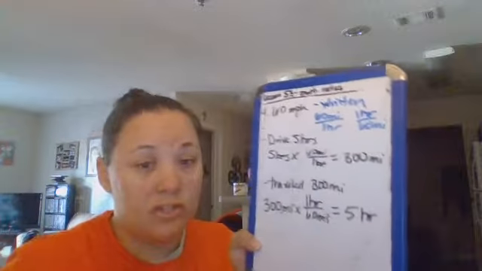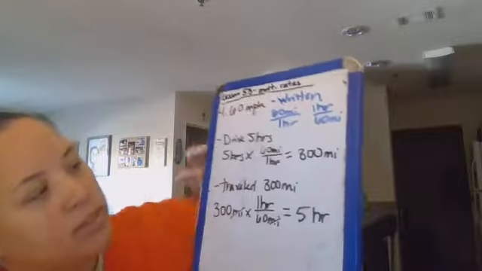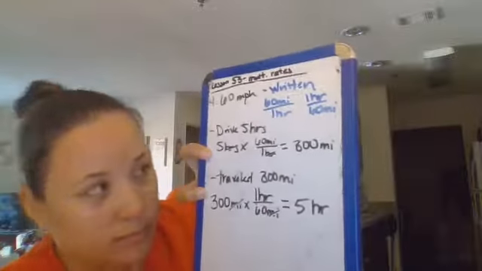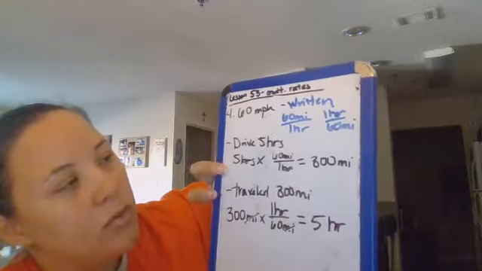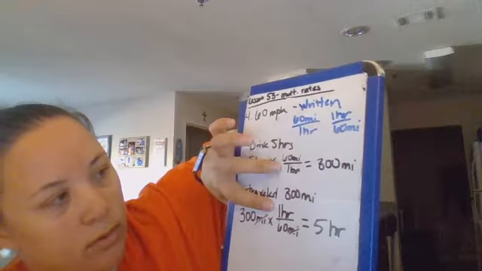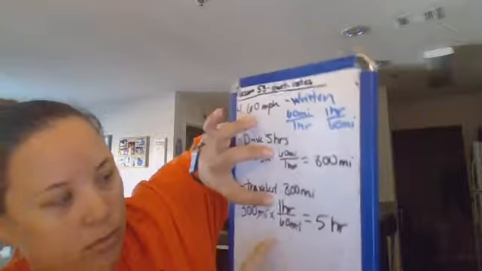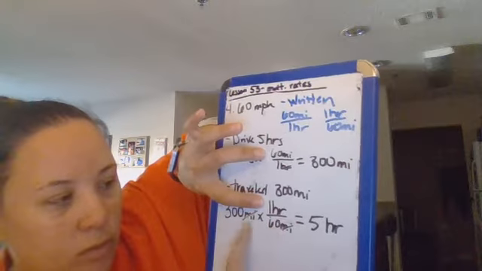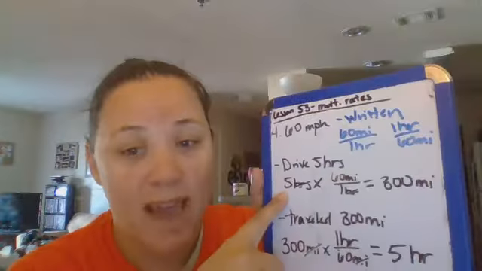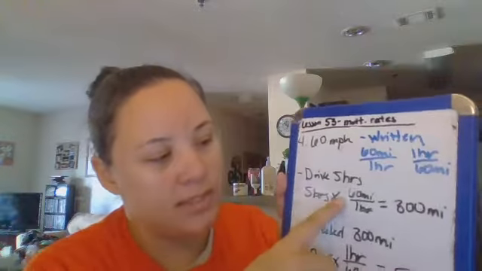All right, so just to recap, we take the information that we're looking for, put it at the front of our equation. And then we take what we want to know and put that over whatever equal measurement is. So we're looking for 5 hours, and we know that it's 60 miles in 1 hour.